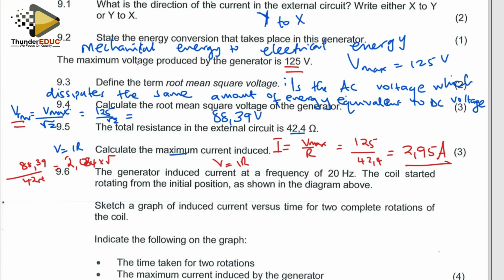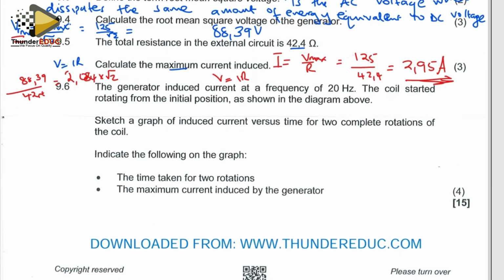Then we just multiply this by the square root of 2, and you'll be able to get the same value.